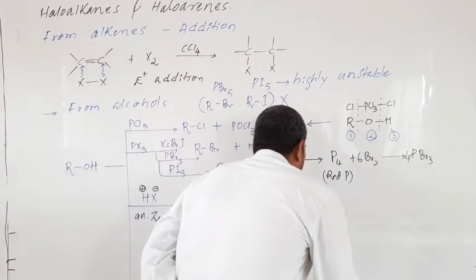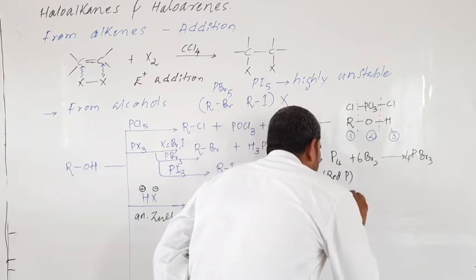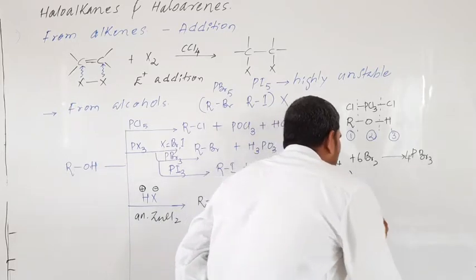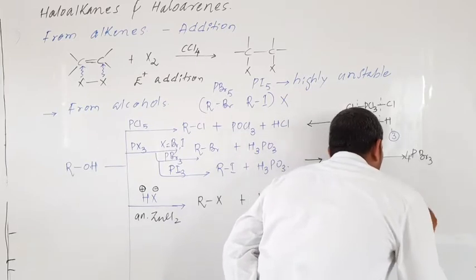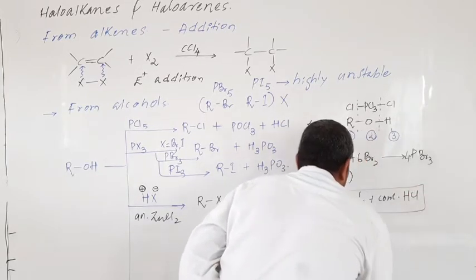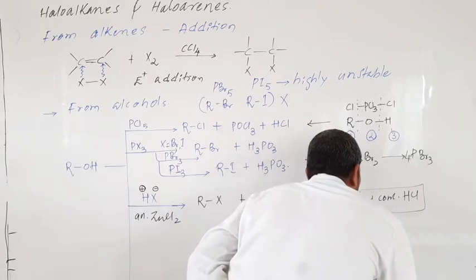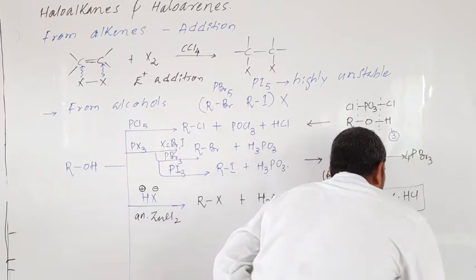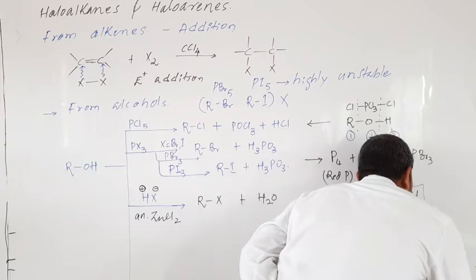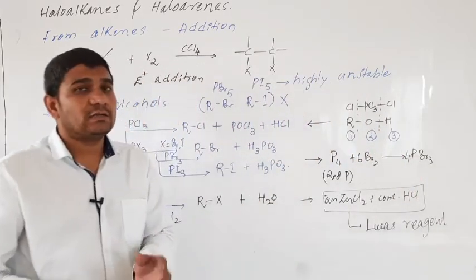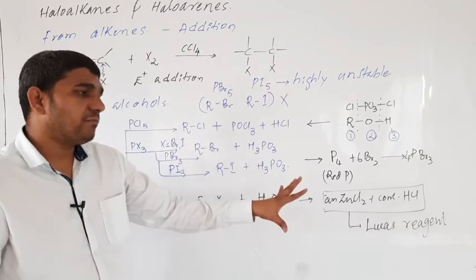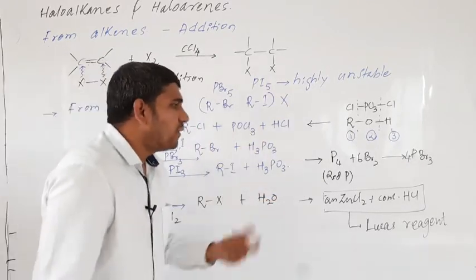Listen, over here mixture of anhydrous zinc chloride plus concentrated HCl. This mixture is known as Lucas reagent. Which reagent? Lucas reagent. This may be a question for 1 mark. Okay, what is Lucas reagent?